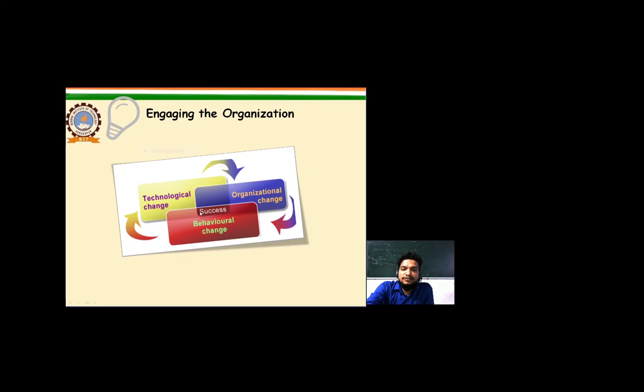If the success word is to be feasible, then definitely we will talk about the combination of these three: behavioral change, organizational change, technological change.